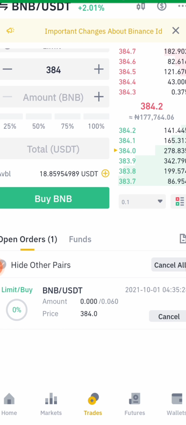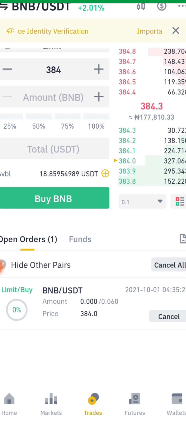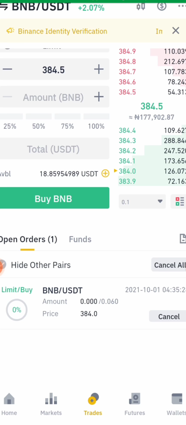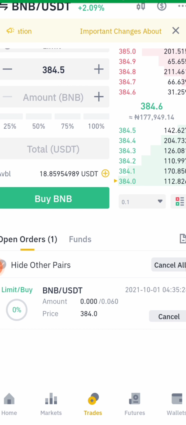The algorithm of this platform will check its order book and match you with that person somewhere that wants to sell or buy. So when your price matches with the price that the other person had already placed using limits, the algorithm will match both of you and the trade will be executed.